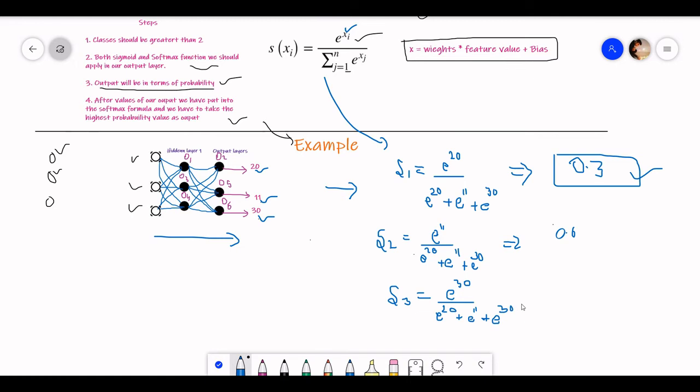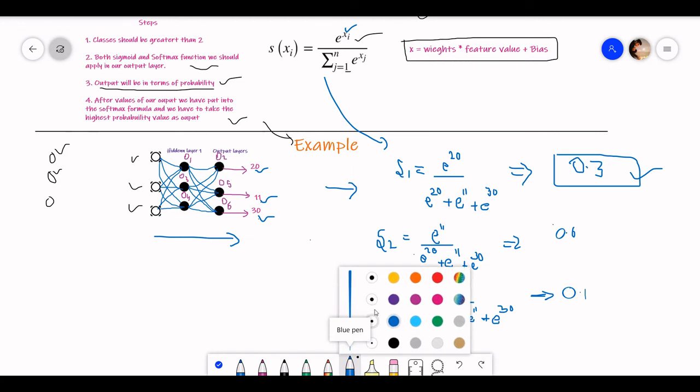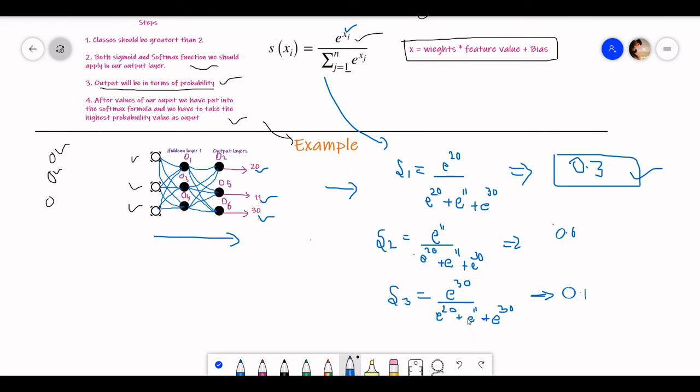Let's suppose it is giving us 0.1. So we have now three values over here.